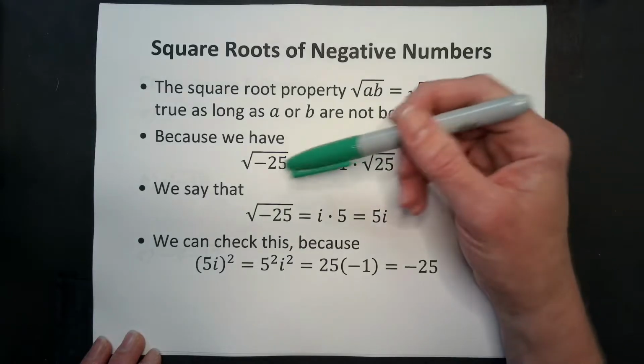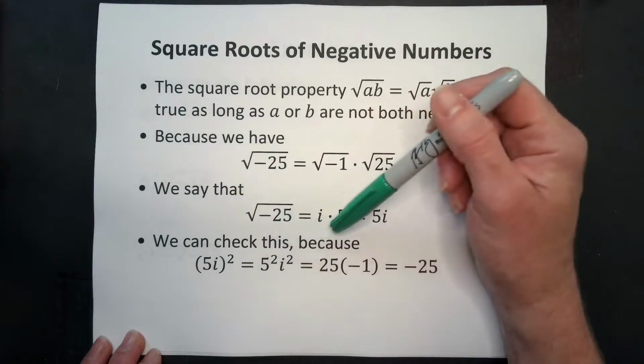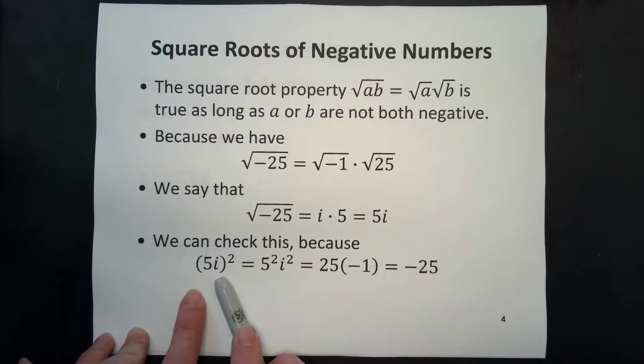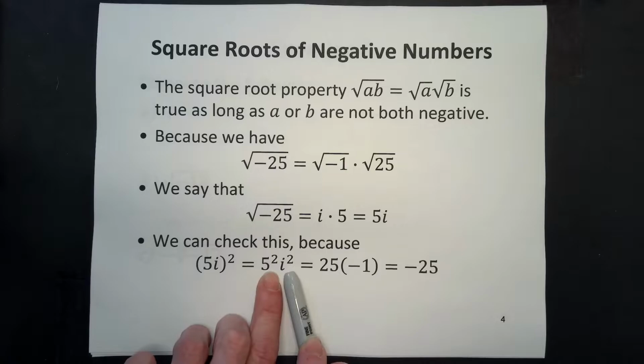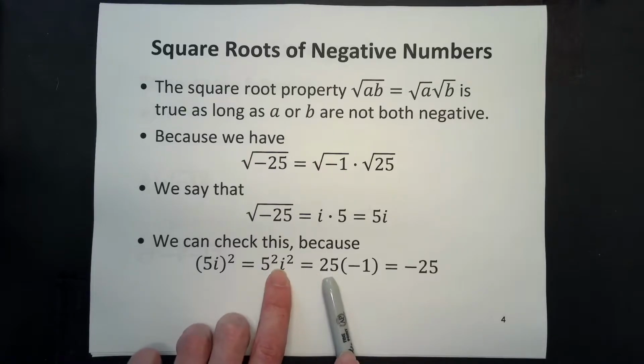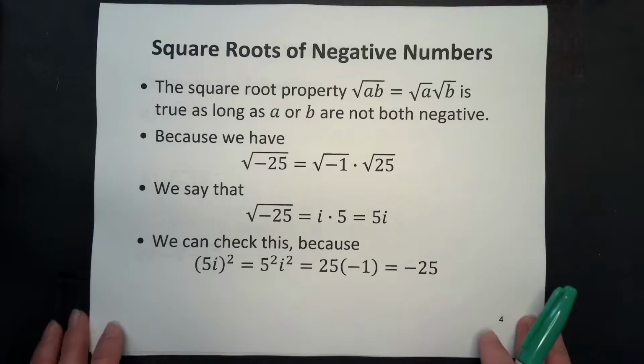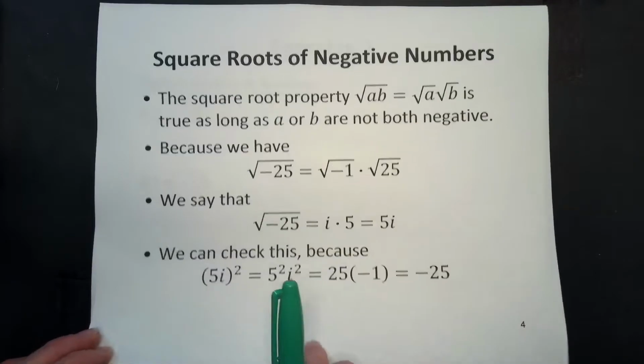The i is written afterwards. We're going to check this because when we square 5i, we take the whole quantity and square it: we square the 5, we square the i, and so we get 25, and i squared equals -1, so it's 25 times -1, which equals -25.